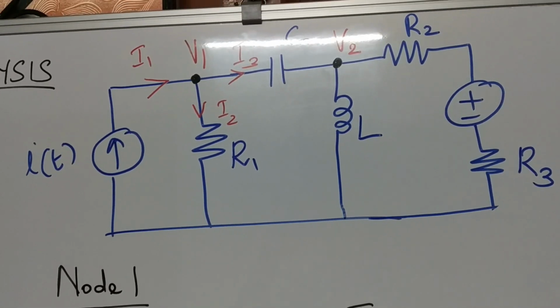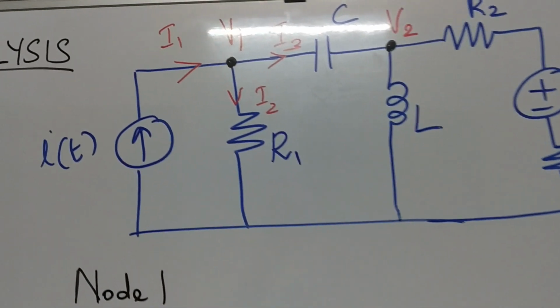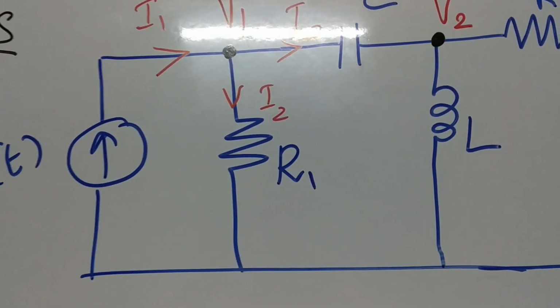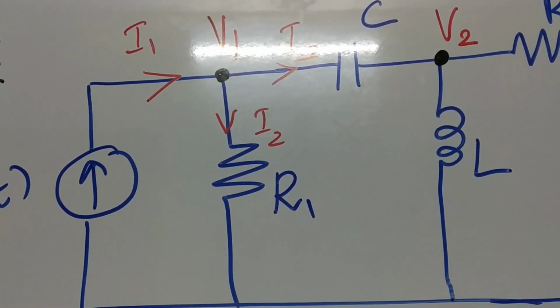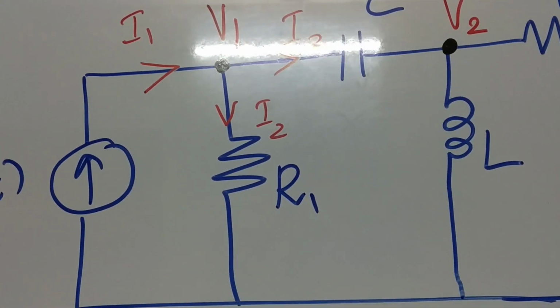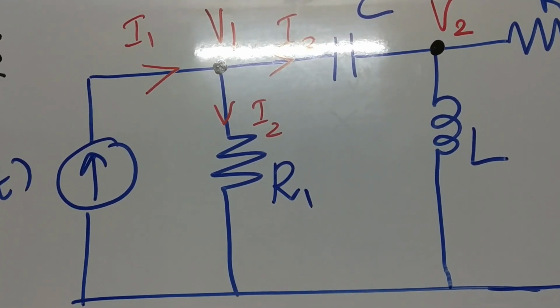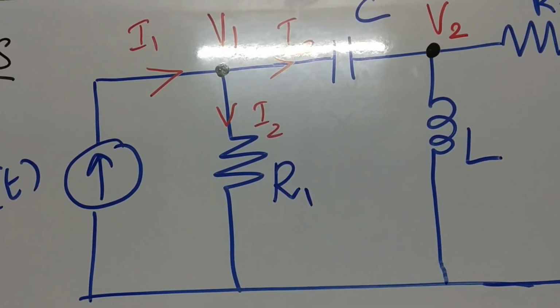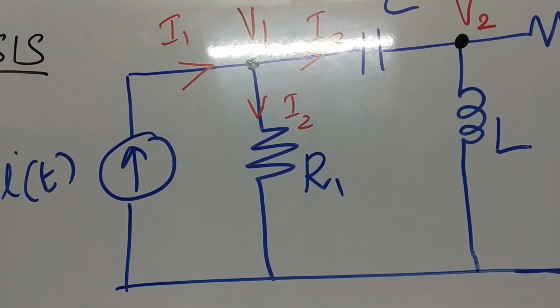Okay, now we'll start with node 1. When you focus on node 1, we'll see that there are 3 branches associated with that particular node, right? A general convention is that we assume current is leaving the node unless the direction is given.